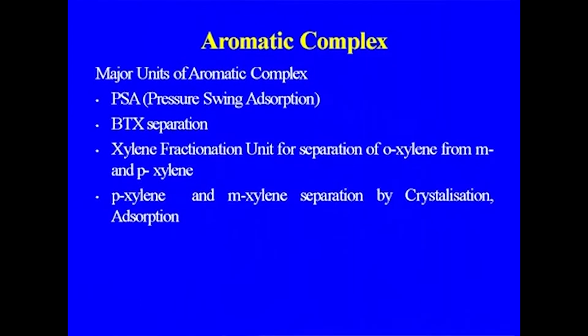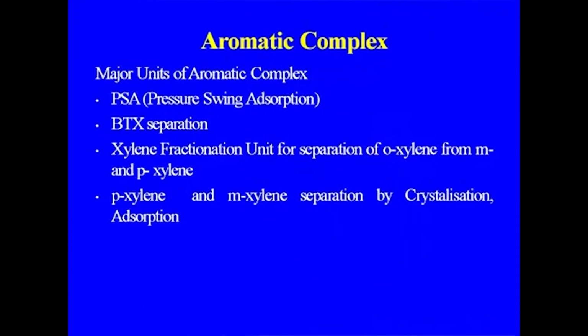Major units of the aromatic complex, because that was the catalytic reforming process, because we are making the aromatics. Then the next section in the aromatic plant is the separation. So, we have the PSA, pressure swing adsorption, BTX separation, and pressure swing adsorption that we use in paraxylene separation, that is the Parex process, and the xylene fractionation unit for separation of orthoxylene from meta and paraxylene, because of the boiling points.